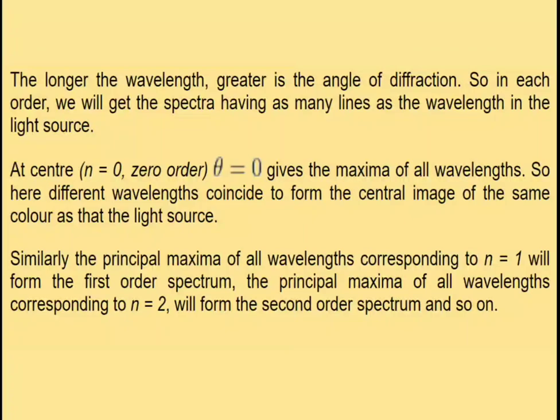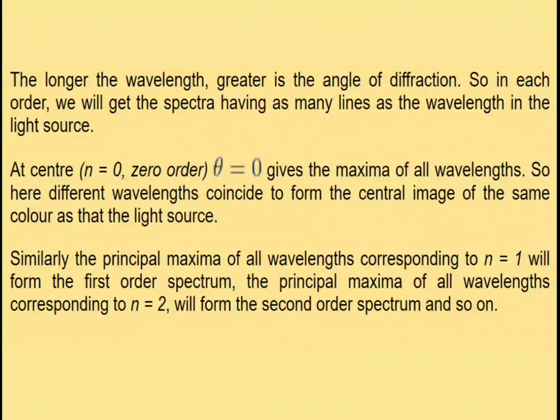So here the different wavelengths of light coincide to form the central image of the same color as the light source. Similarly, the principal maxima of all wavelengths corresponding to n equals 1 will form the first order spectrum, the principal maxima corresponding to n equals 2 will form the second order spectrum, and so on.